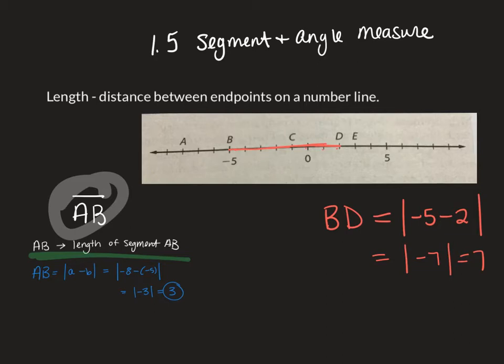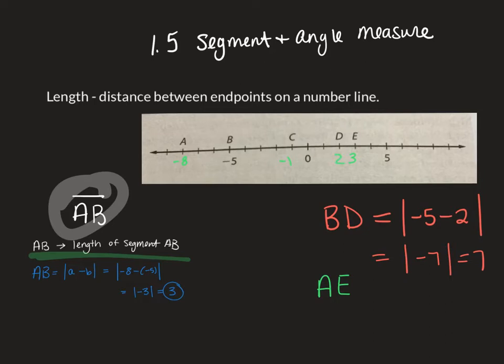All right, let's do another one. Let's go from A to E. We said before that A is at -8, and E would be at 3. C is at -1. D is at 2.